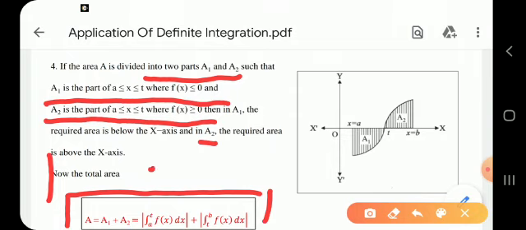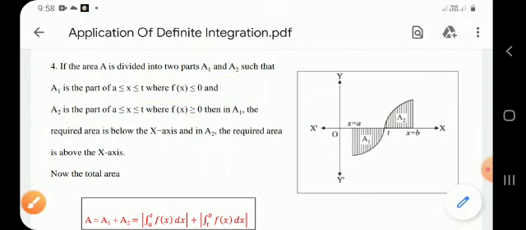Using this formula, we find the area. Up to this point, we have considered 4 points. Using these points, we consider some examples. These 4 points are very important in this chapter, and using these 4, we have to find the area.